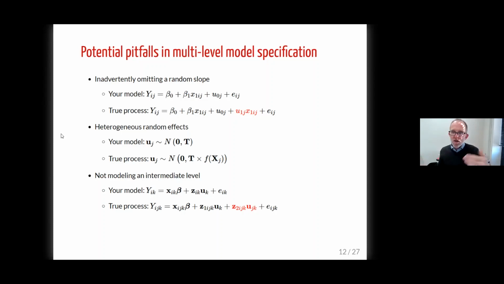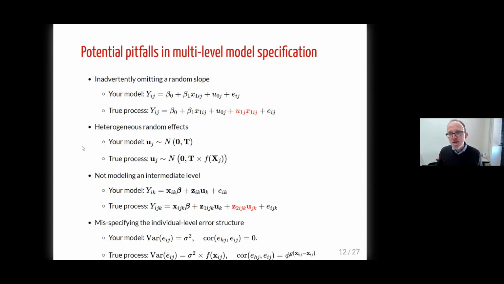So there's this intermediate structure that creates dependence. But if we don't have the classroom IDs, we can't model it. We're missing potentially a whole set of random effects that should be in the model, but we can't include because we don't have the proper data to understand the structure of students in classrooms in schools. So in a situation like this, we've again potentially got a misspecified multi-level model.